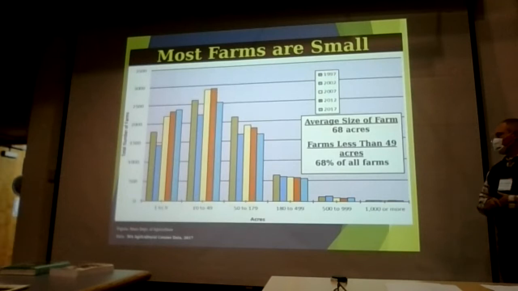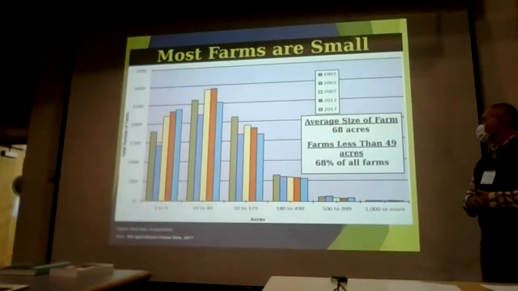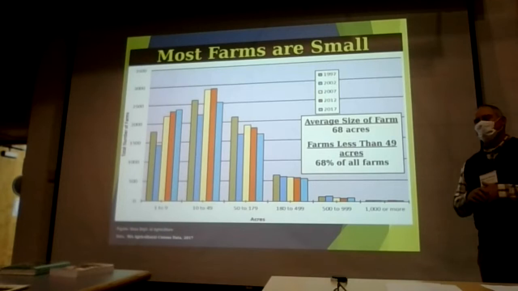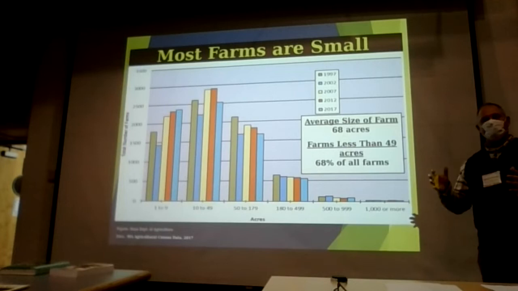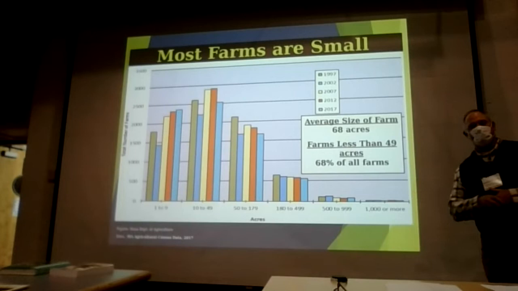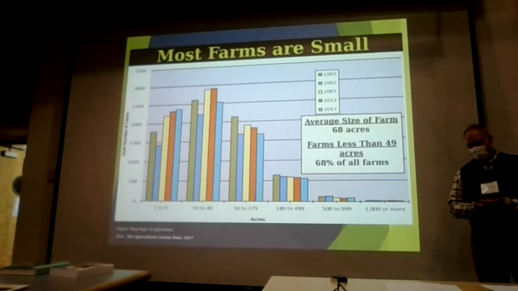As you can see, the farm is small, and if you take 40% of 68 acres as forest, you can see how constrained you are as a farmer in trying to find additional ways to create diversity for production economically.